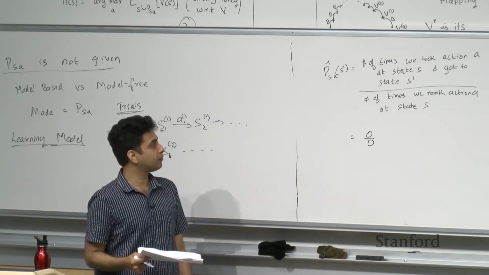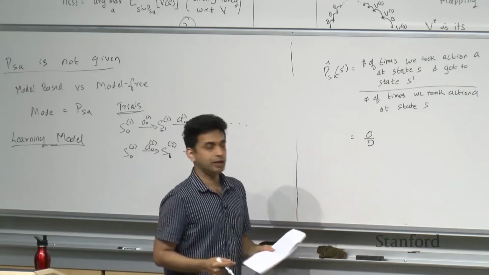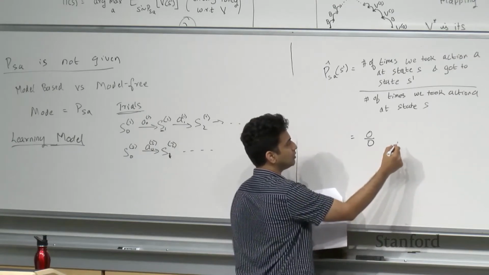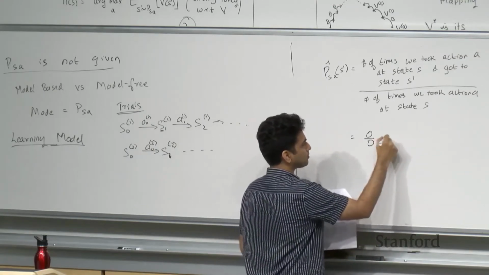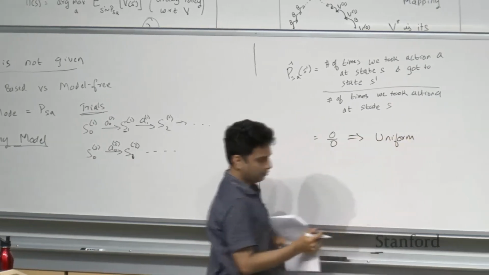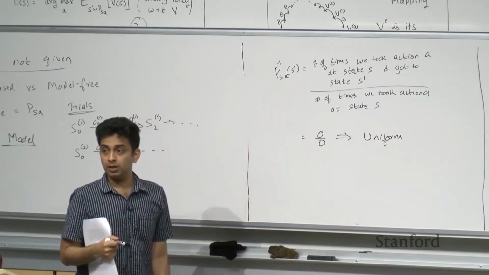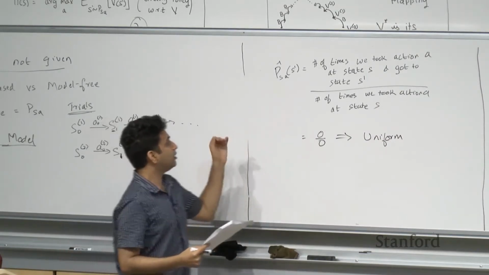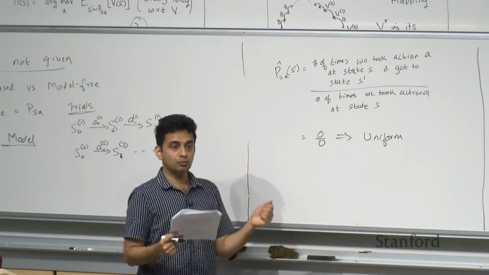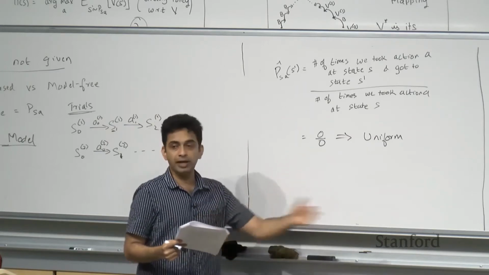In those cases, a common practice when we get 0 over 0 is to assume a uniform distribution for P of SA, which means if we have never reached the state S and taken an action A from state S, just assume that we're going to uniformly end up in any one of them.